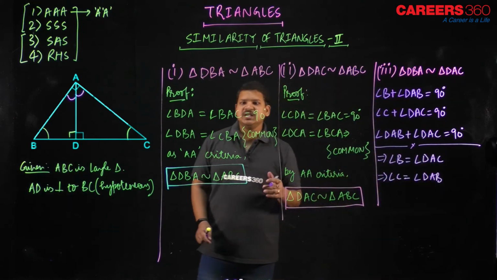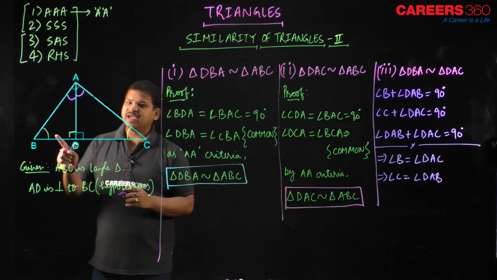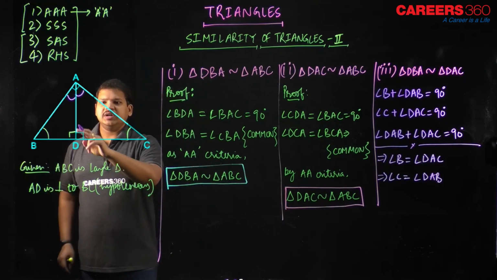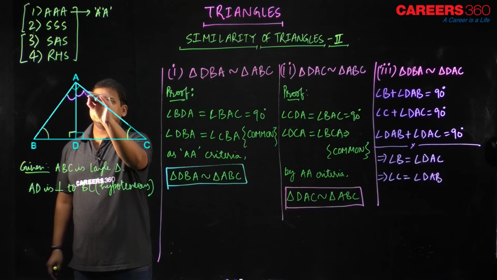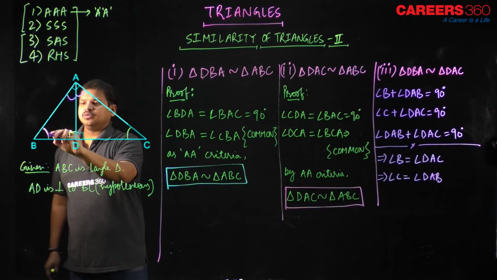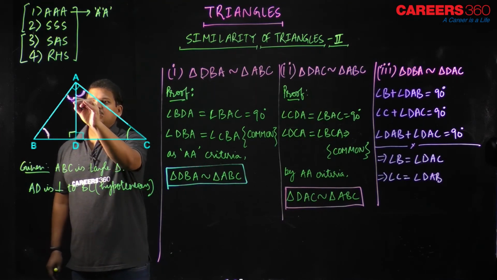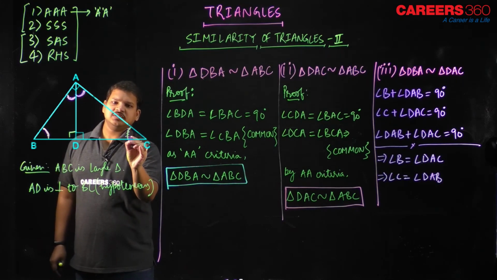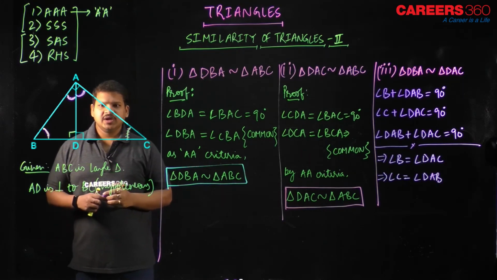My two angles are already equal to each other, that is, angle B is equal to DAC, this angle is equal to this one, and over here this angle is equal to this one. That I have already achieved.